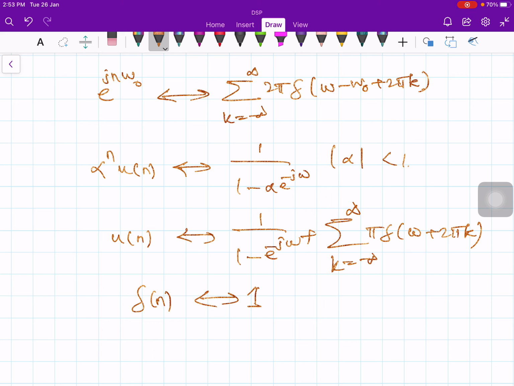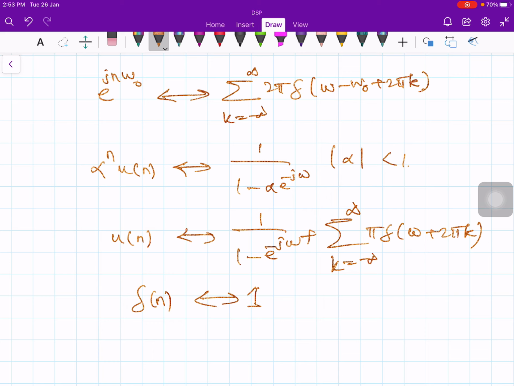Other sequences can be expressed in terms of these basic sequences, like sine or cosine or any exponentials. If you have delta functions, they can also be taken care of.